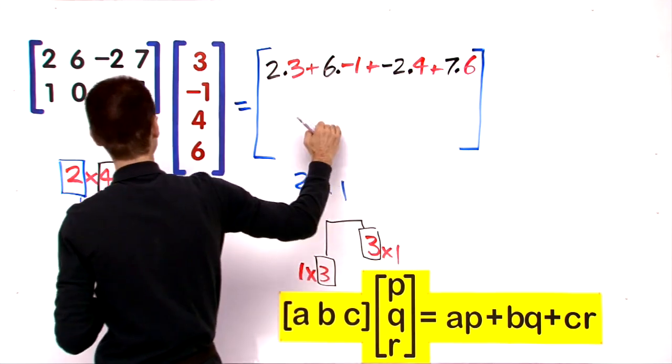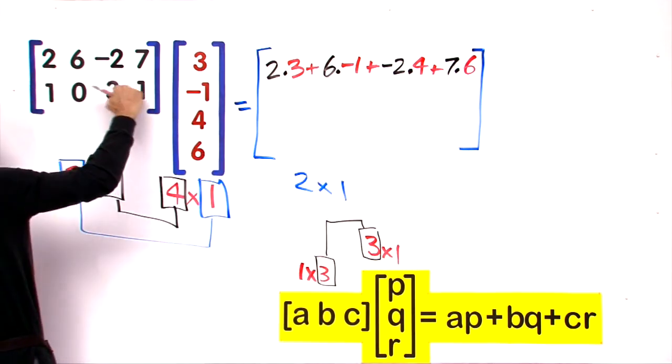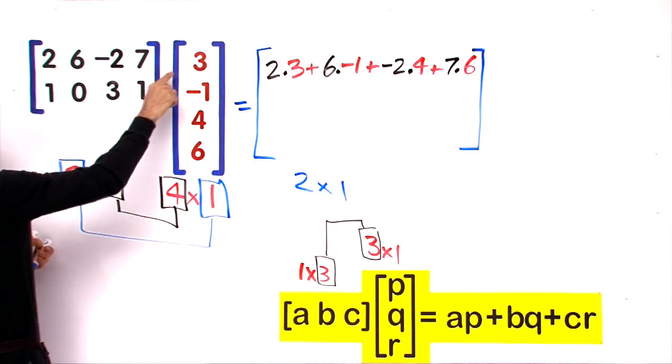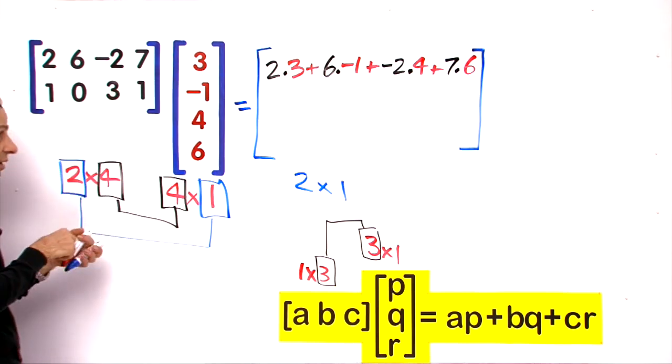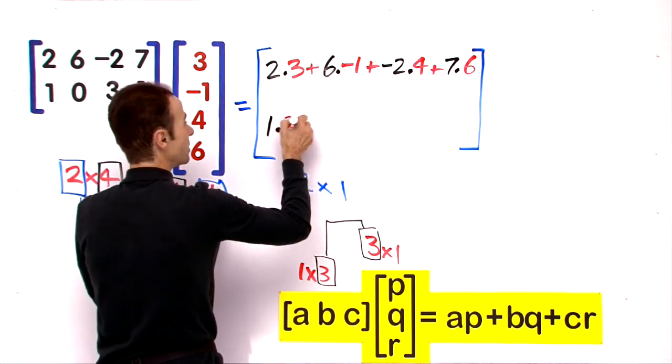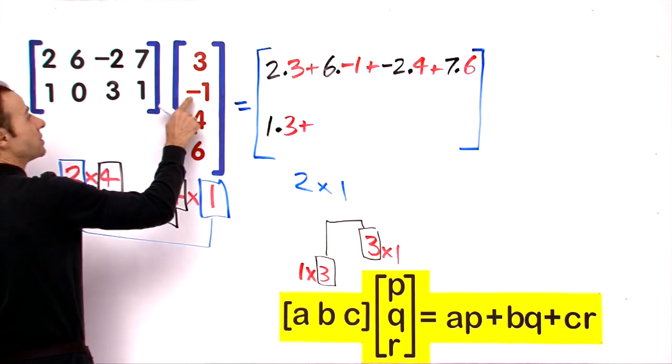Let's go for the second entry down below. We're going to use this row right here with that column. So the first one will be 1 times 3. Then we're going to add 0 times -1.